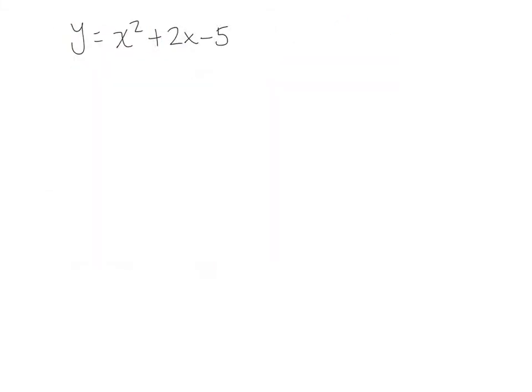So here's an equation of a parabola, y equals x squared plus 2x minus 5, so we have a quadratic. In this case, a is 1, b is 2, and c is negative 5.